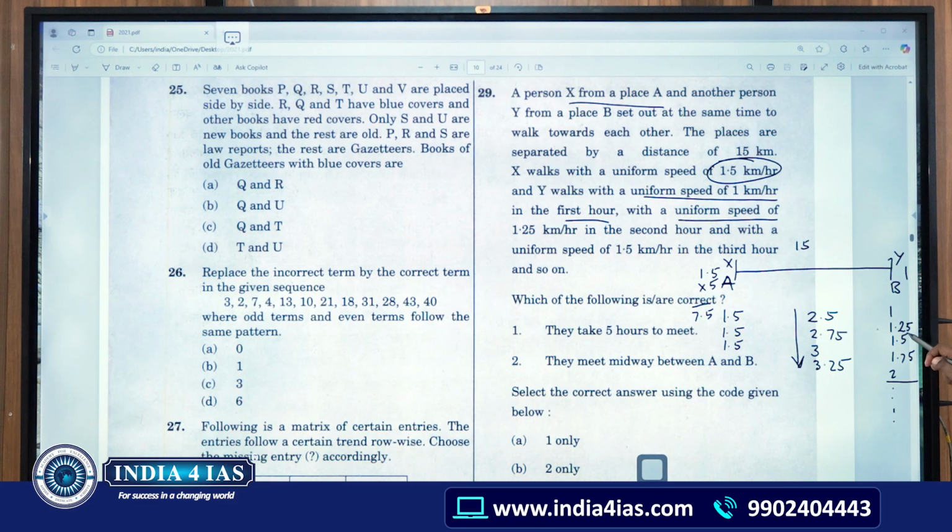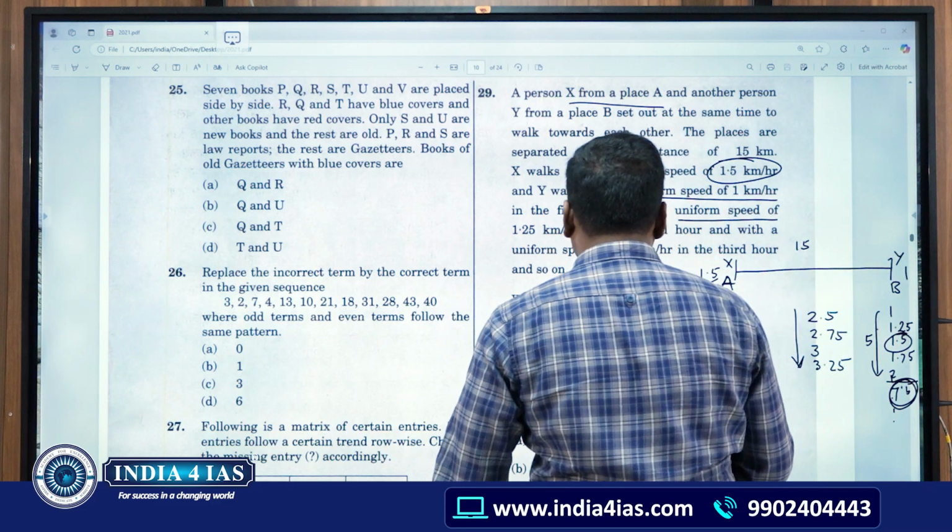If you make the calculation, 0.25 plus 0.5 is 0.75, 0.75 plus 0.75 is 1.5, and 1 carry, so this is 7.5. So yes, in 5 hours he will cover 7.5. In 5 hours X will also cover 7.5, because this is an arithmetic progression and this is the average. So 5 into 1.5 is 7.5. It is the same. So this is correct.